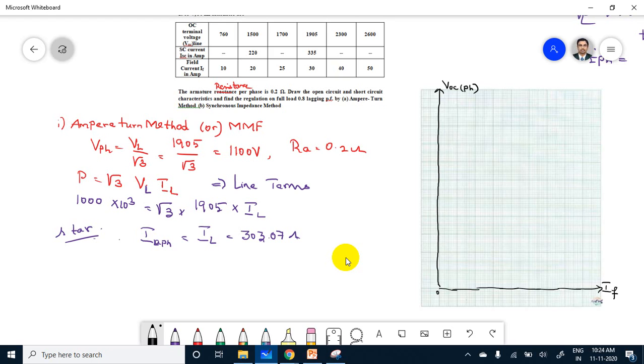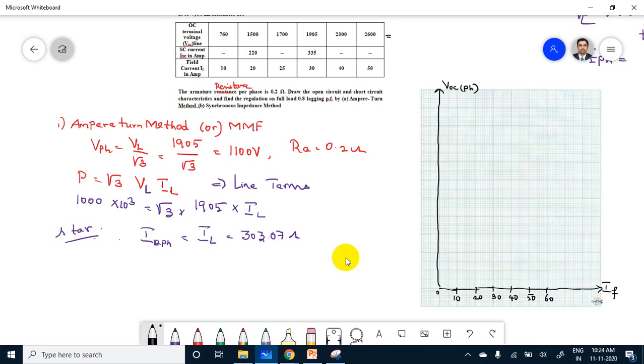IF is 10, so we can set the scale on the x-axis: 1 unit is equal to 10 ampere. So 10, 20, 30, 40, 50, 60. Then the 760 open circuit voltage is in line.